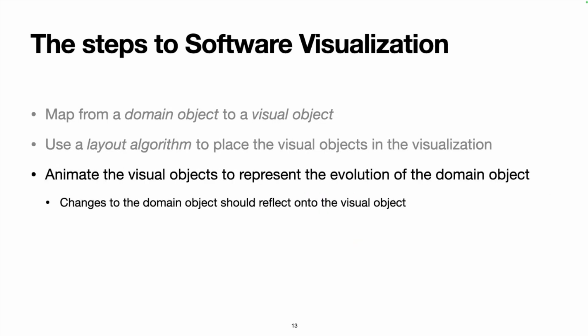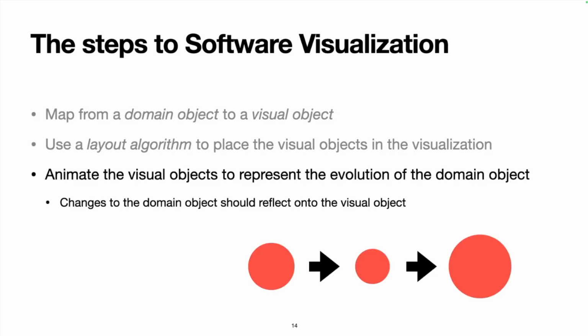And finally, for evolution in particular, we want to animate the entire visualization so that we have a video of the evolution of the software playing, not in real time, of course, but in time steps that are easily digestible. And so, for example, with our file disks, a file grows and shrinks over time, depending on the size of the file at that moment in time.